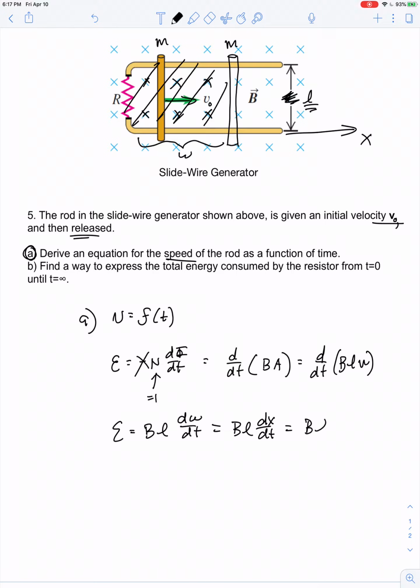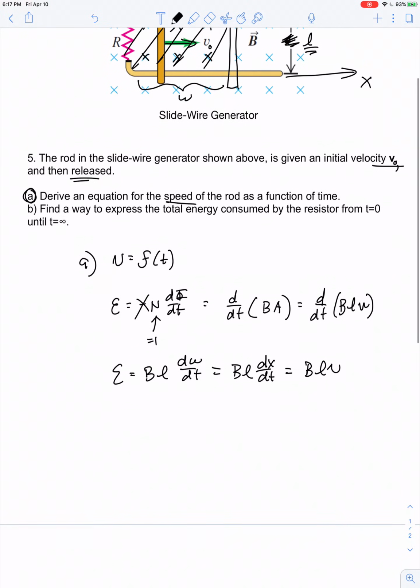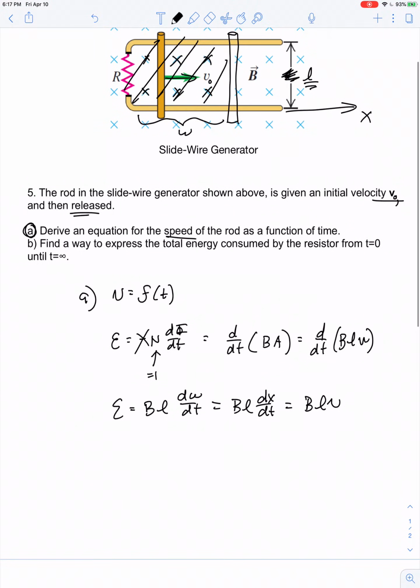So we have that the induced voltage is BLV. Now, that means there's going to be, according to Ohm's law, a current, and if we divide EMF by resistance, we get current, so we get BLV divided by R.